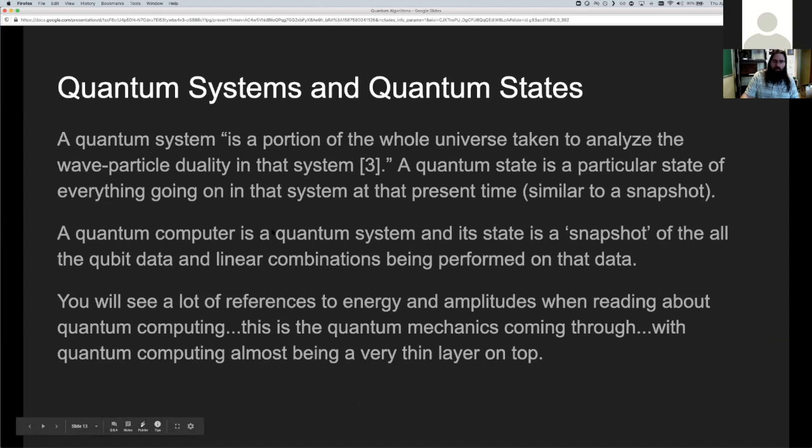So a little bit more about quantum systems and the quantum states. Formally, a quantum system is a portion of the whole universe taken to analyze the wave-particle duality within that system. A quantum state is essentially a snapshot of that system at the present time. So all the data, all the linear combinations being performed at the very moment it's measured is what your state is and becomes.